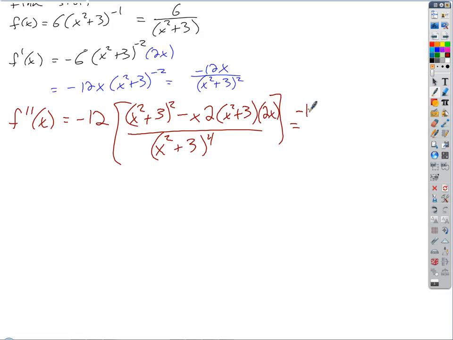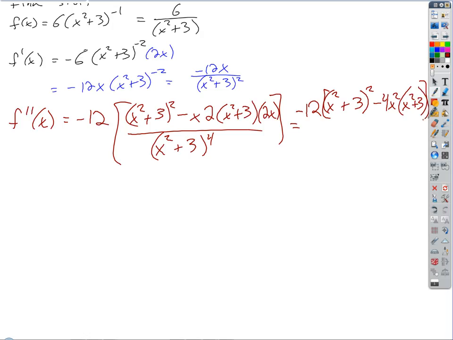So we've got a minus 12 times on the top, times the quantity x squared plus 3, squared, minus 2, or 4x squared, times, wait, how did we get that?